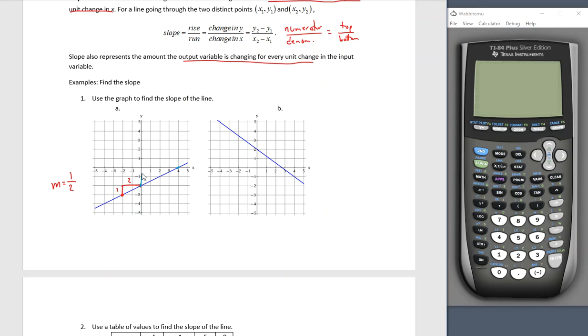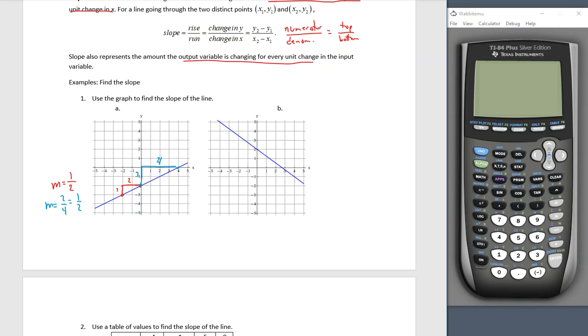And so I'll go up 2 and to the right 4. But 2/4 simplifies to 1/2. So it doesn't matter which 2 points you choose, because it's a straight line, a line. And any line that is straight is just called a line. If it's not straight, it's called a curve.